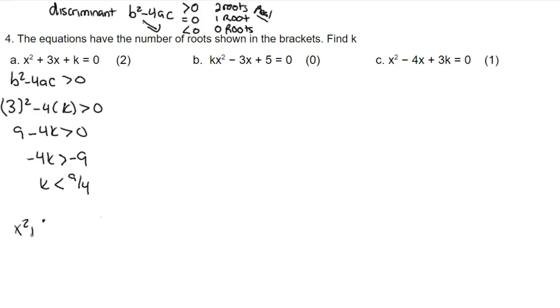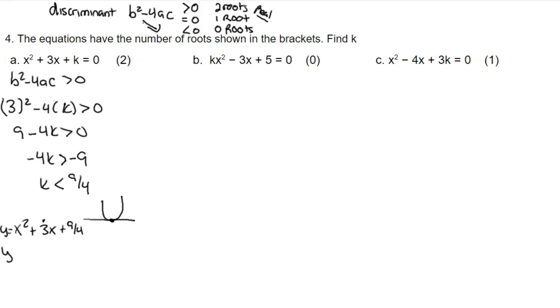So in the scheme of things, I want you to understand that if I had x squared plus 3x plus 9/4, in this case if it were equal to 9/4, then this quadratic would touch the x-axis at one point. It'd be a double root.